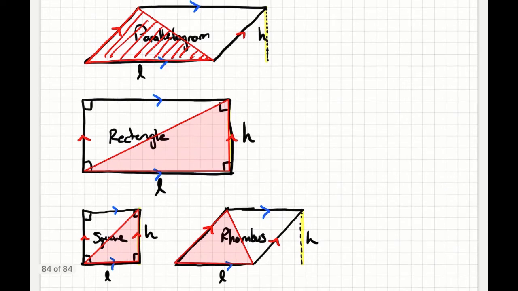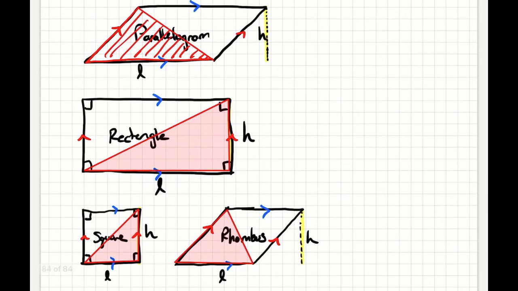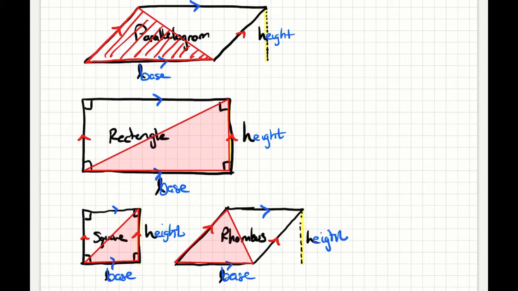And so, because the area of all of these quadrilaterals is base times height, base times height, base times height, base times height, because all of them are base times height, the triangle formula, the area of a triangle, is always half the base times the height.